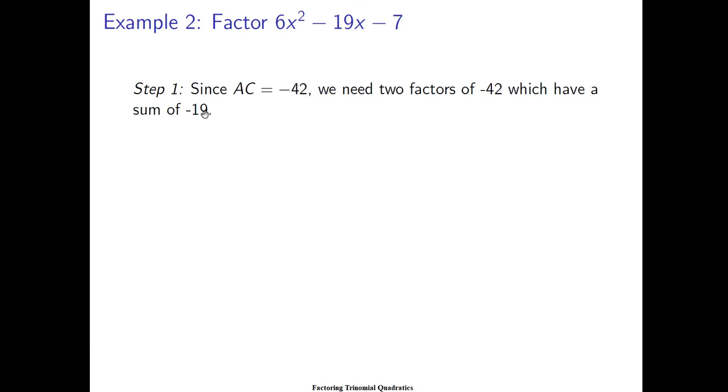So keep in mind, when you're trying to come up with factors, if I need a sum of negative 19, one of those factors is going to have to be negative, and we probably want the bigger one to be the negative term. Fortunately, 42 is divisible by 2, it's even. So when I think about dividing 42 by 2, I have a product here, negative 21 times 2. Negative 21 plus 2 is actually equal to negative 19, so this will work really well for us.